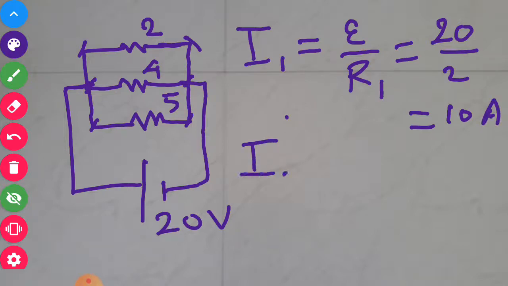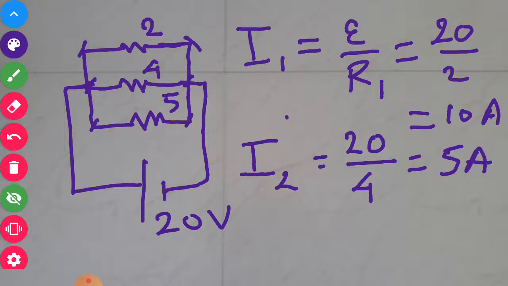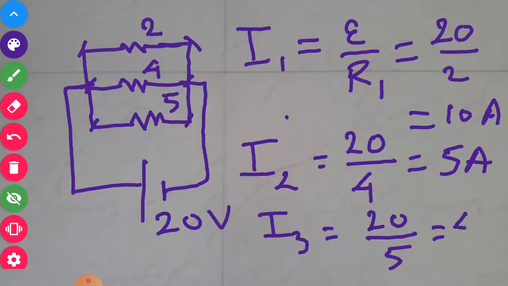Similarly, I2 is 20 upon second resistance 4, so it becomes 5 ampere, and third current is 20 divided by 5, so this becomes 4 ampere.